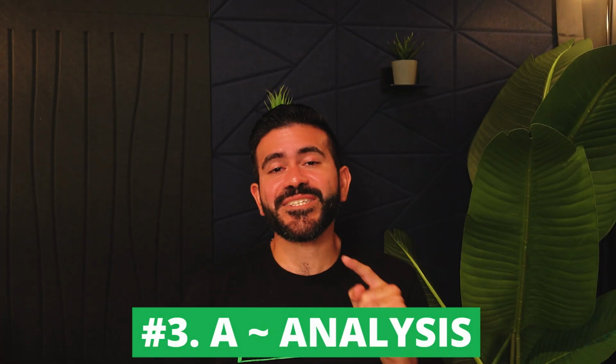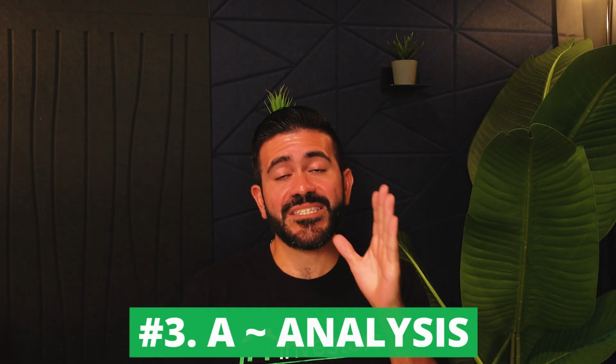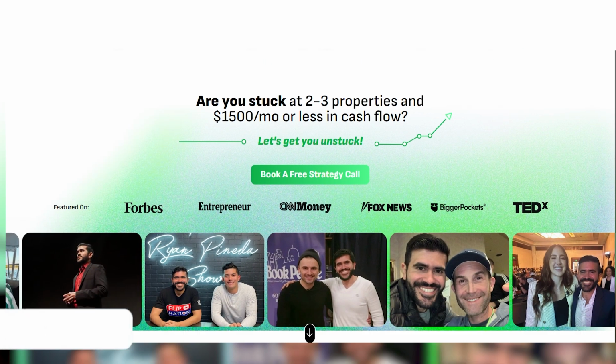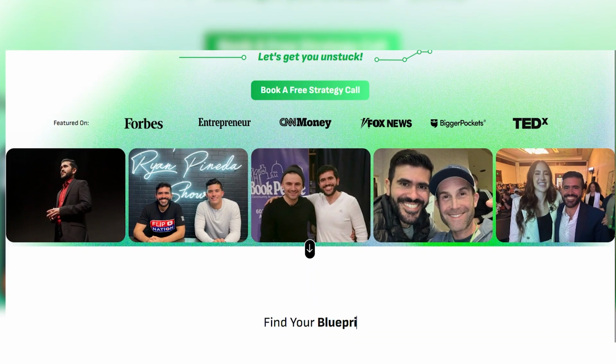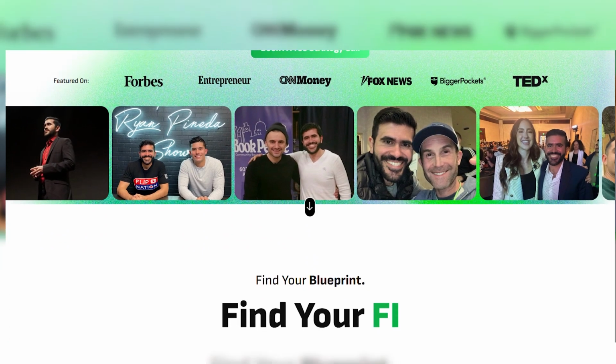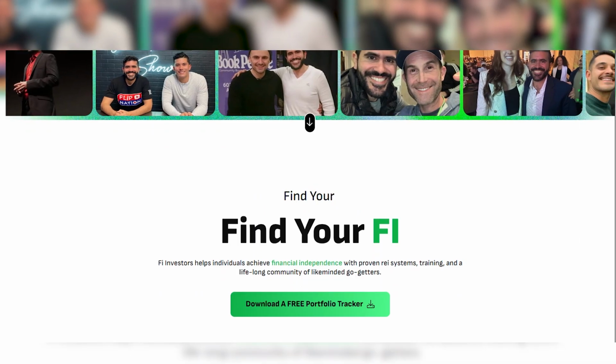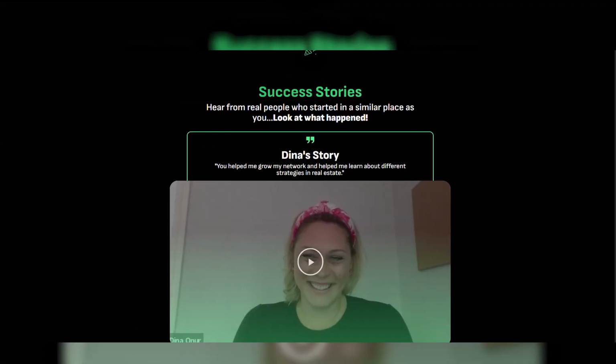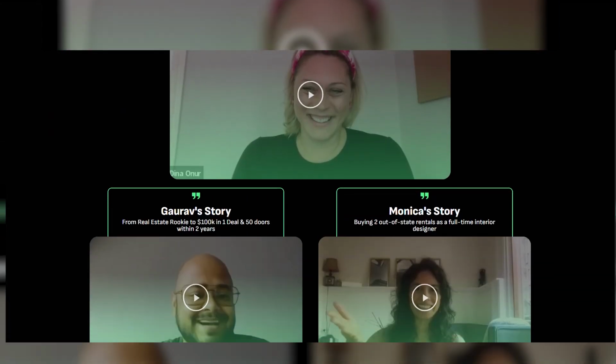So that's the C. The A stands for analysis. And this is what is really important. If you let me know in the comments, or if you go to the fiinvestors.com website, you will be able to download calculators completely free. We have calculators so that you can analyze properties as a short-term rental, as a midterm rental, as long-term, as co-living.